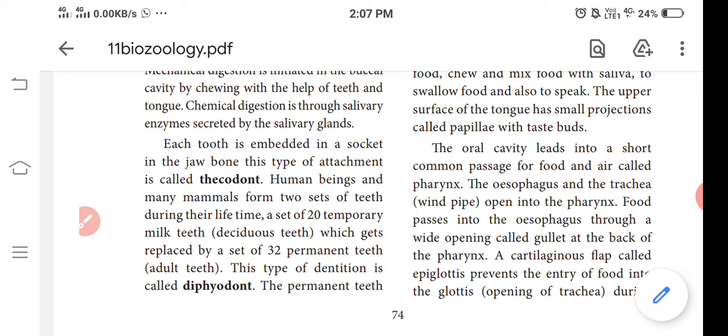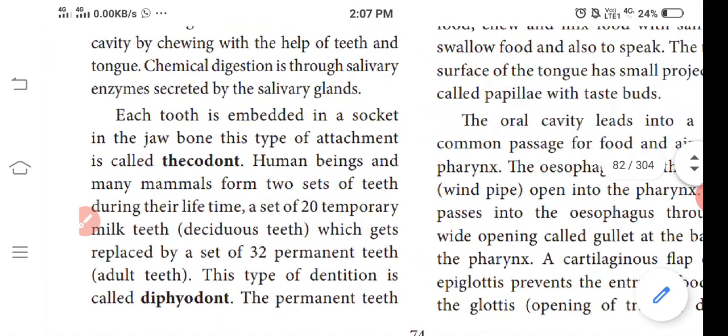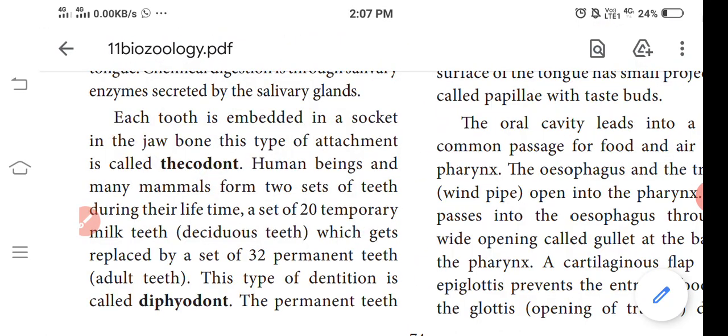And we have learnt dentition in detail with the dental formula, and the terms to describe our dentition, thecodont, diphyodont and heterodont, and what the function of the tongue is and how it helps in the process of tasting. Then finally we have seen what the pharynx is and what the epiglottis is.